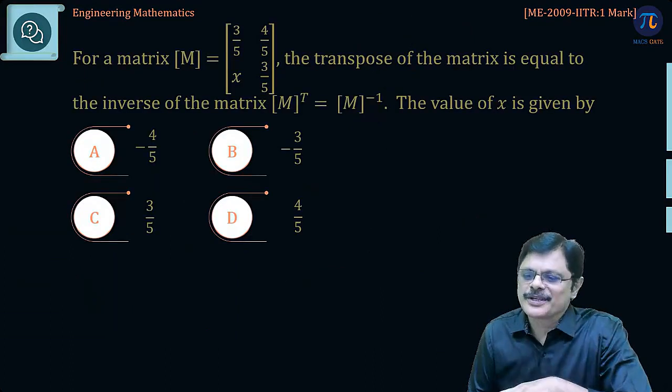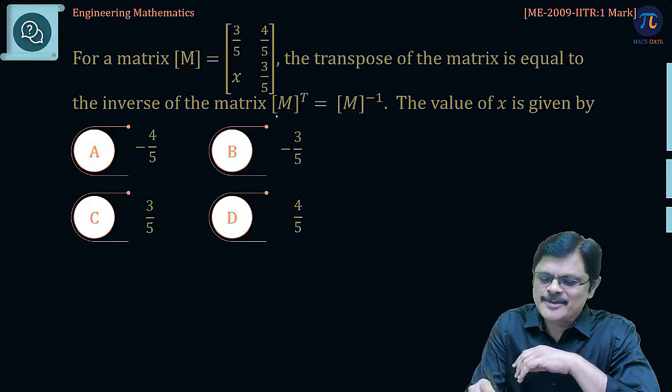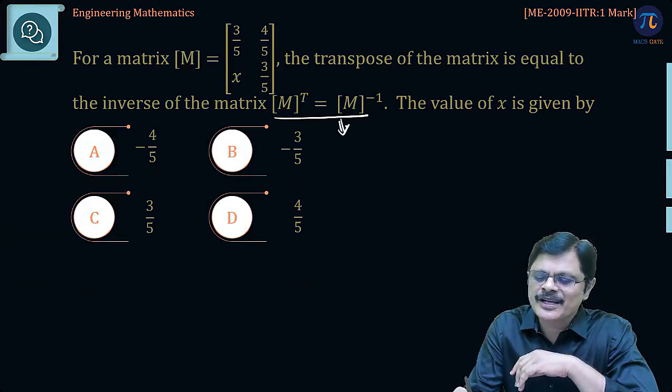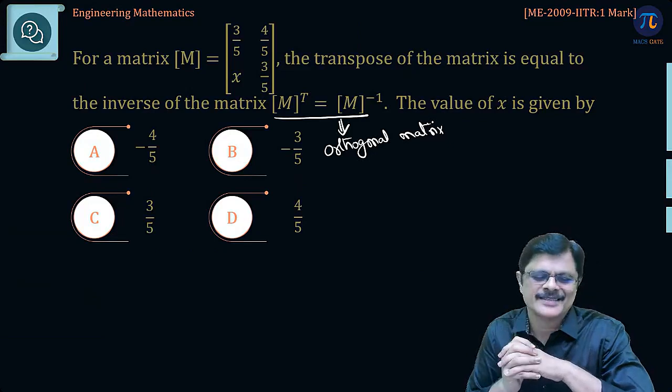Now one more question. Matrix M is given and the transpose of the matrix is equal to its inverse. Indirectly saying it is an orthogonal matrix. Transpose equal to inverse means what, sir? It is an orthogonal matrix. And he is asking what is the value of x.